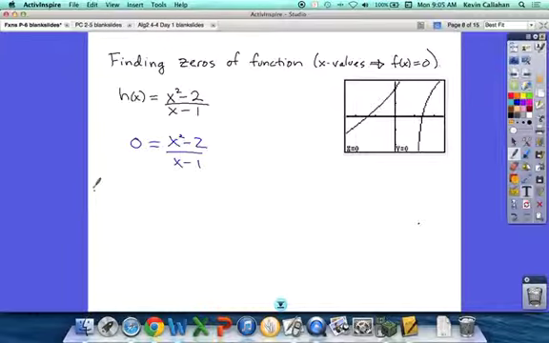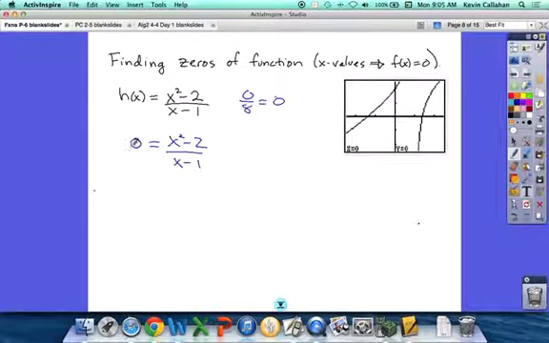But in a fraction, if a fraction equals 0, which part of the fraction must be 0? Not the denominator. That would make it undefined, right? The numerator, right? If you have 0 over a number, then that equals 0.